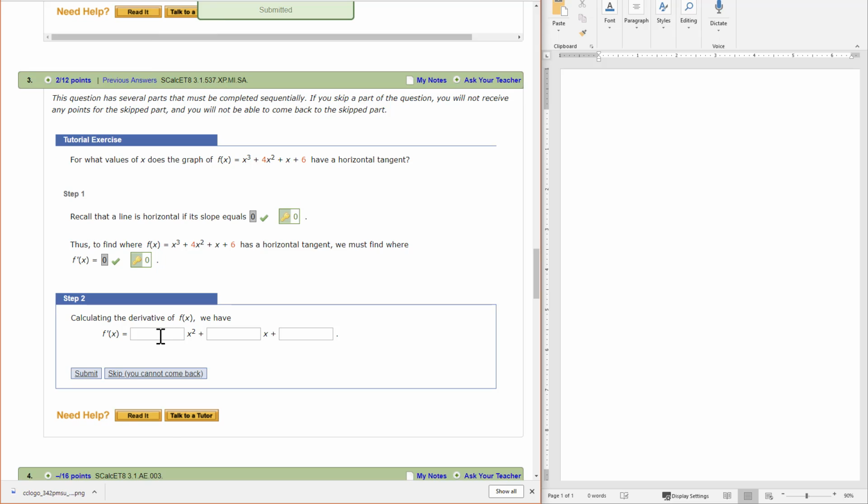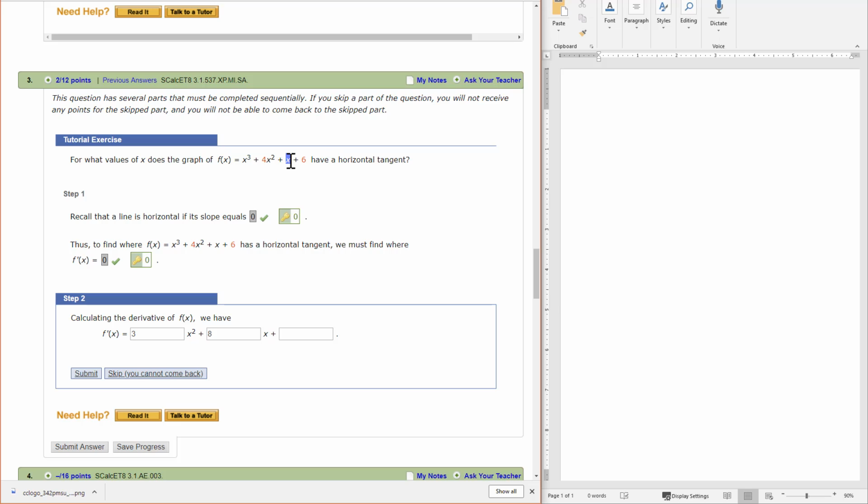Okay, so now we want to take the derivative of this function. This function is just a polynomial, with term by term power functions, so we just take the derivative term by term. The derivative of x cubed is 3x squared. The derivative of 4x squared, we bring down the 2, so the 4 times 2, that's going to be 8 times x.